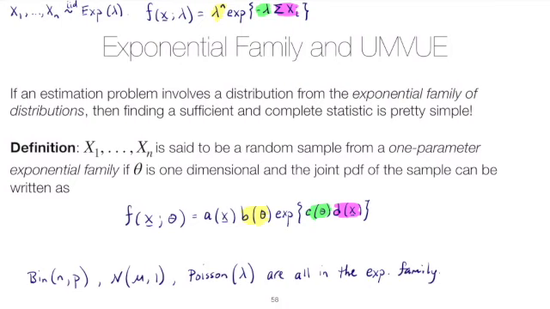And so we've just shown it for the exponential distribution. I'll leave it as an exercise for you to try to show it for some of these distributions, and maybe I'll give you one of these as a homework problem.